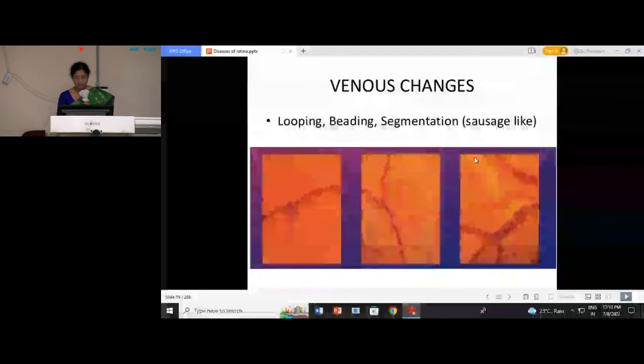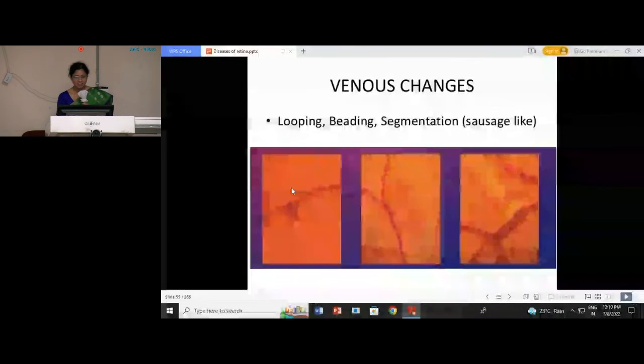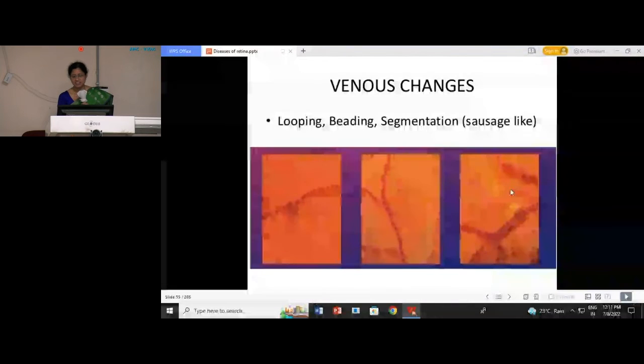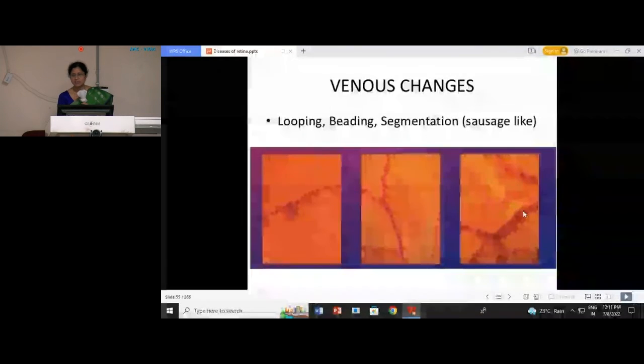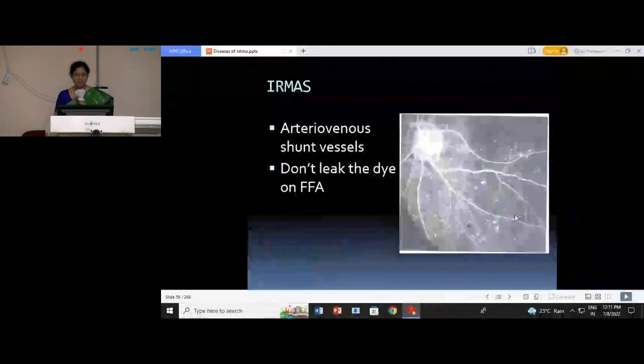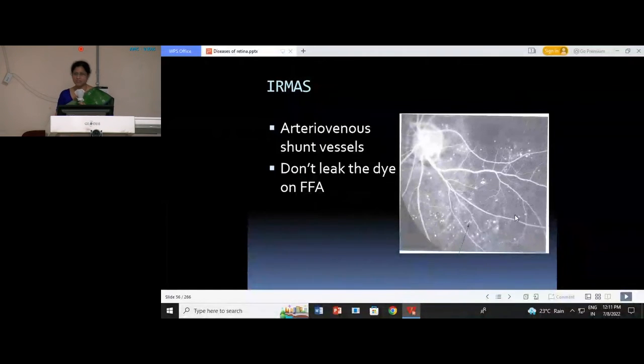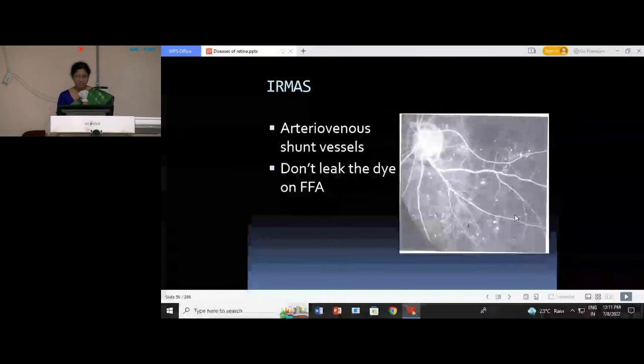The venous changes that occur in non-proliferative diabetic retinopathy are venous looping, this is the loop, then beading, and then segmentation. Are you able to see the segmentation of the blood column? So these are the venous changes. And as I told you, because of retinal hypoxia there will be IRMAs, intraretinal microvascular abnormalities, which are nothing but AV shunt vessels. They don't leak the dye on fundus fluorescein angiography.